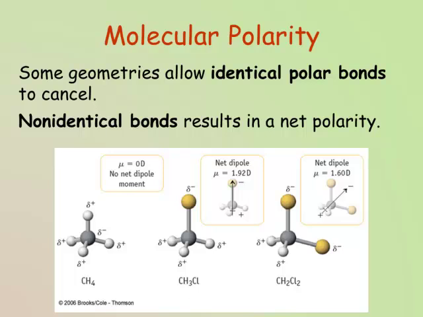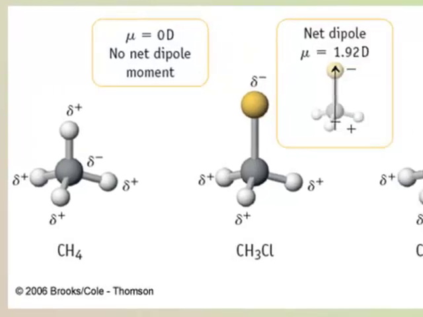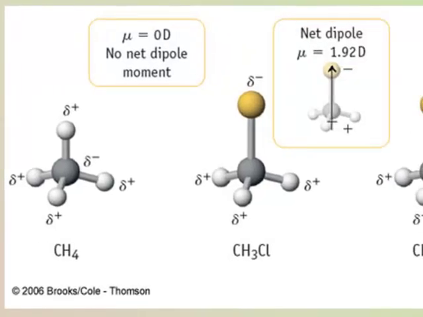A tetrahedral CH4 molecule is nonpolar because it's completely symmetrical. Four identical bonds are uniformly spaced out around the central atom. All the bond polarities completely cancel out. When one hydrogen is replaced with a different element, though, the bonds are no longer identical.